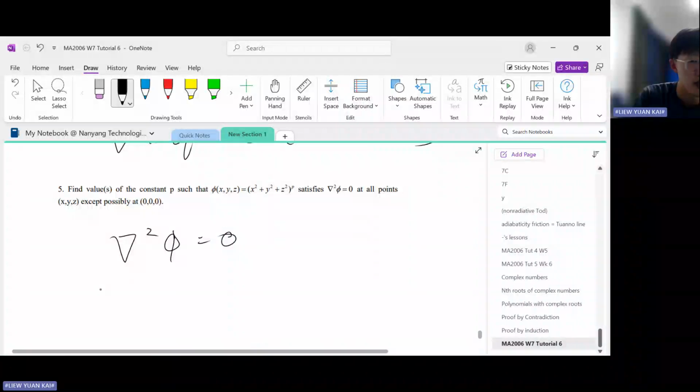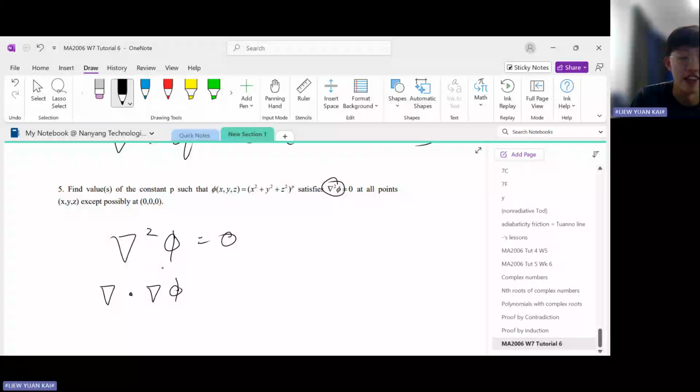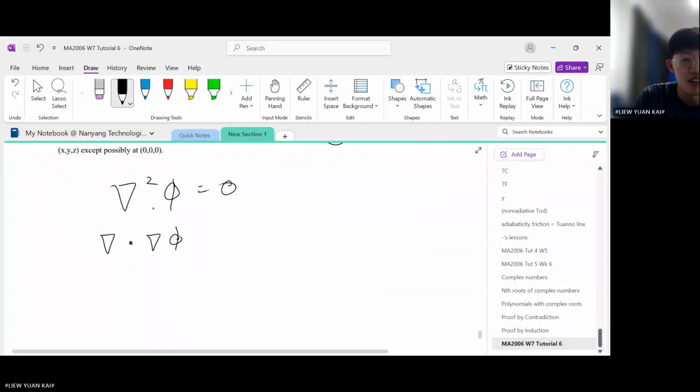Find the values of p such that this function will satisfy this equation at all points except 0, 0, 0. Let us first find this left hand side. So nabla squared phi has a definition of this. This is just definition. It is defined to be like that. There's no why it is like that. That's the notation only. So let's go find what this is.